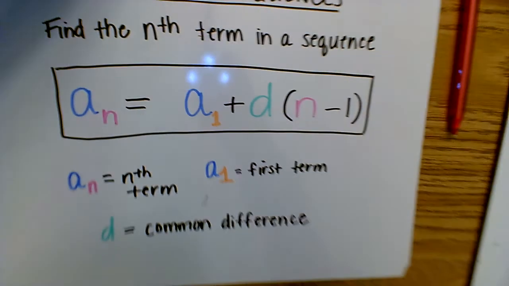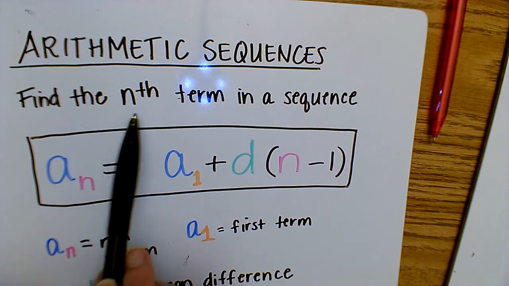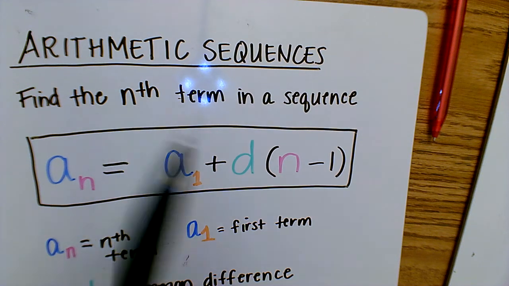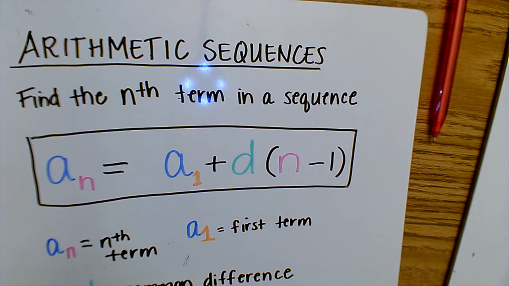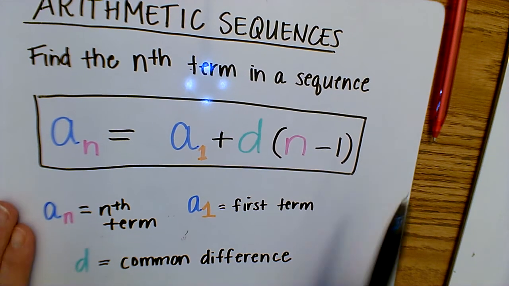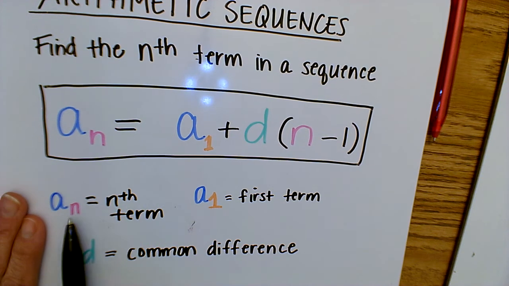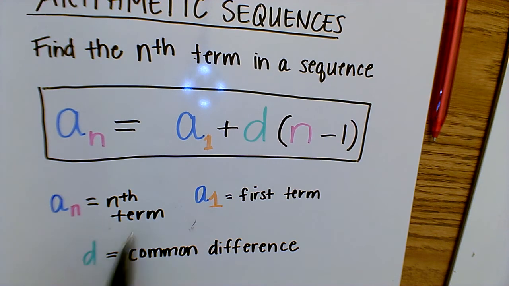Here I have it all laid out in color. If you want to find the nth term, it just means any number. It could be the 20th term, it could be the 100th term, it could be the 586th term. Anyway, the formula goes as such that I just showed you. What do these things mean? The A with a sub n means the nth term, whatever term it is you're looking for.